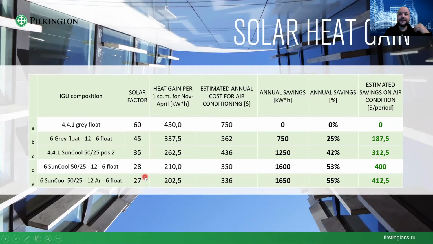So the difference is even more visible. And there you have it, the savings on air conditioning. The numbers are much more impressive in this case. But that's not all.